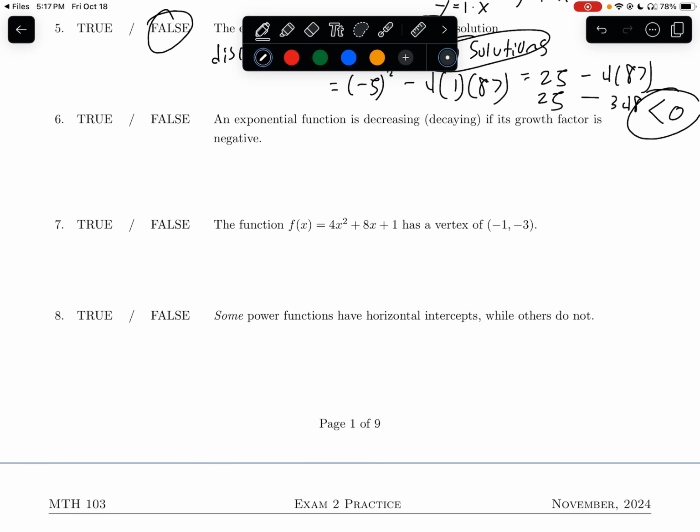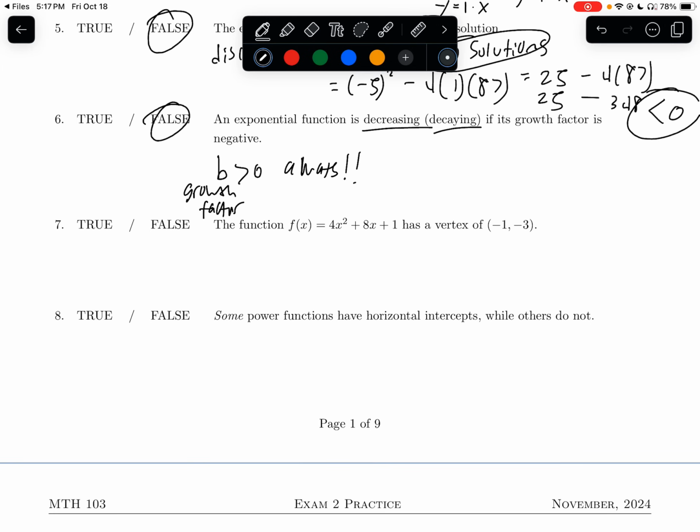Okay, an exponential function is decreasing or decaying if its growth factor is negative. That is not true. There's actually a lot of things wrong with this. So first of all, the growth factor is b, which has to be greater than 0 always.